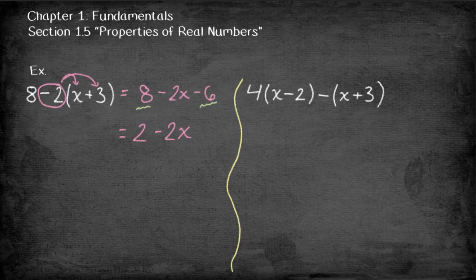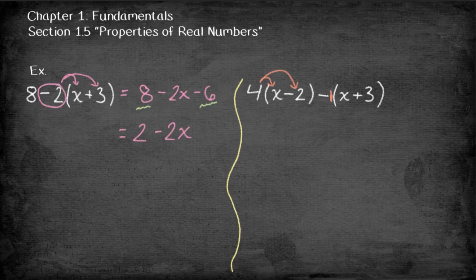Next up, we have this creature here. We have 4 times the quantity x minus 2, minus the quantity x plus 3. And again, we're practicing using the distributive property. We also want to practice recognizing when we have to use the distributive property. I'm subtracting the entire quantity x plus 3. As before, I want to pretend that this minus sign is really a negative 1.